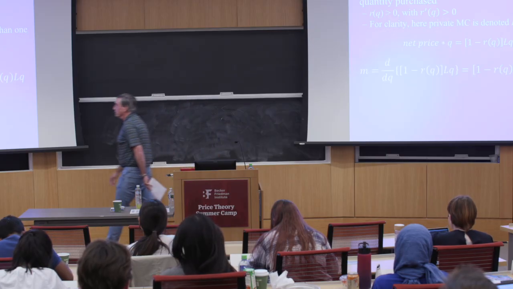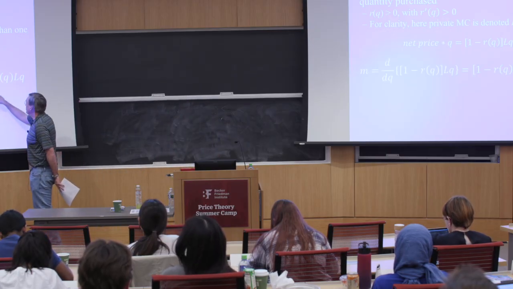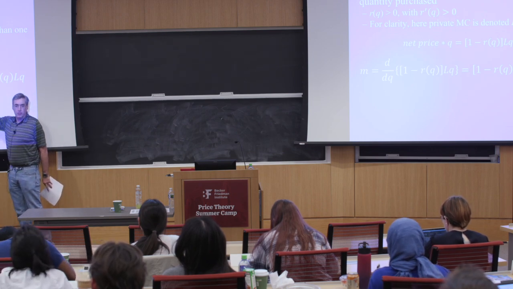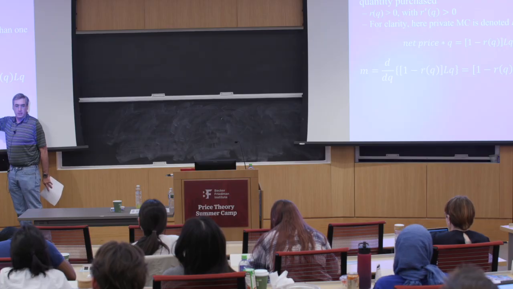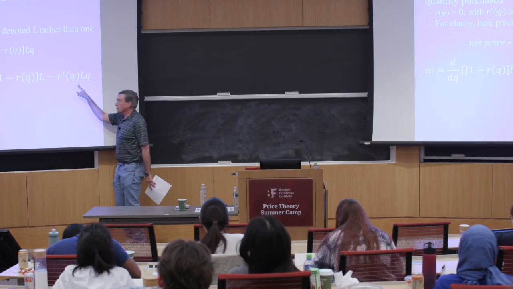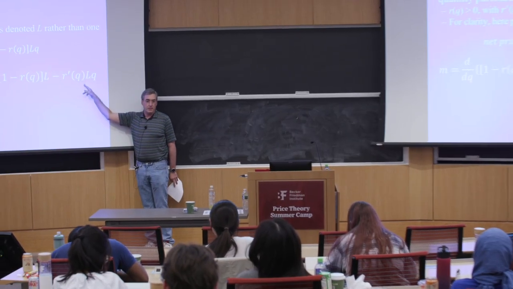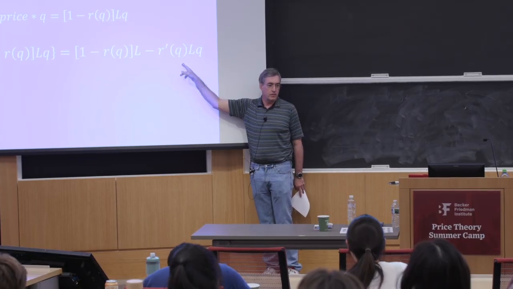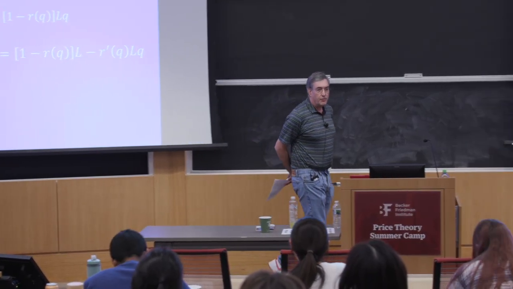I would just take a derivative with respect to quantity, but we have a couple terms. One is the usual term. Well, holding constant my discount, it's just my net price. I have to pay the net price for an additional unit quantity. But then I also save because I get a bigger rebate on all my other quantities that I was already buying. And that's what I've called the marginal price.